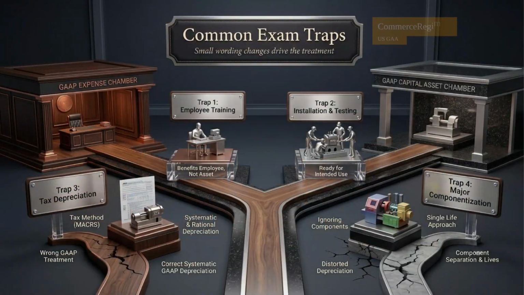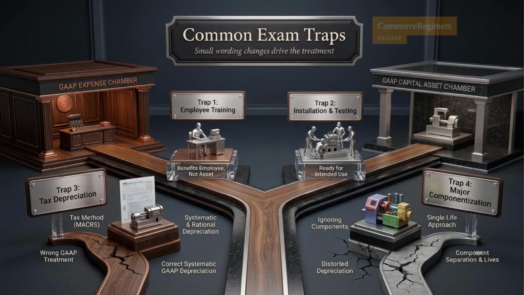Let us close the technical part with common exam traps. Training costs are expensed because they prepare people, not the asset. Installation and testing needed for readiness are capitalized because they prepare the asset for intended use. Tax depreciation methods such as MACRS do not automatically become US GAAP depreciation methods.